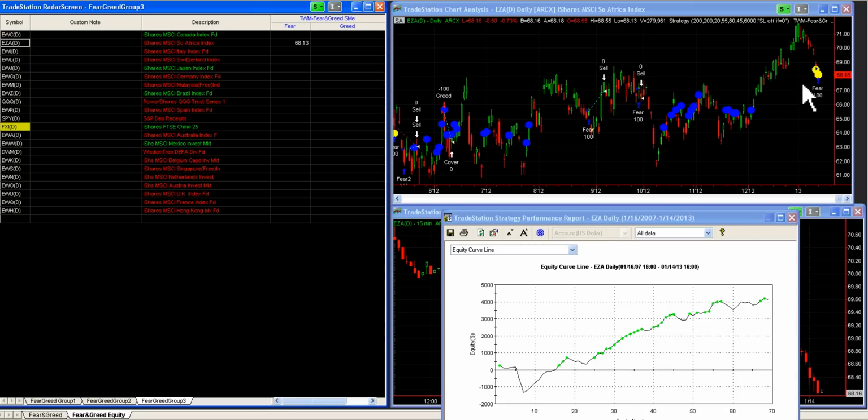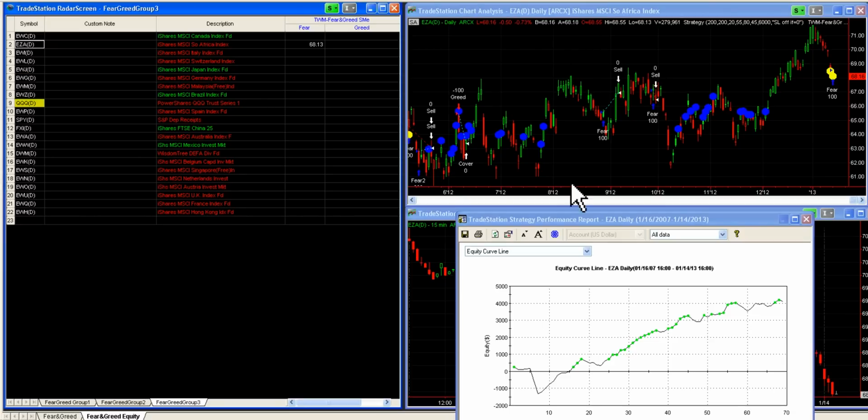Here it's quite easy because I have linked this radar screen with the indicator. What you can see is that if you had traded the indicator, or the strategy, exactly as it is, you would have earned this, and it would look like this.